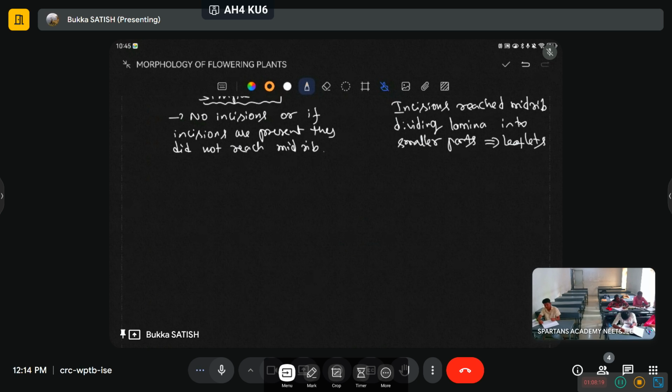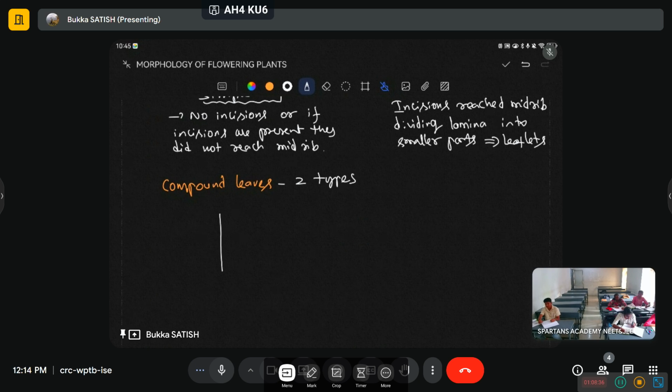Next one. Now compound leaves. These are of two different types. See the difference in the first one. The one which we have drawn is the same only.